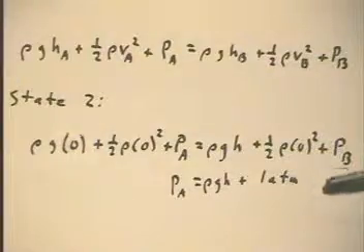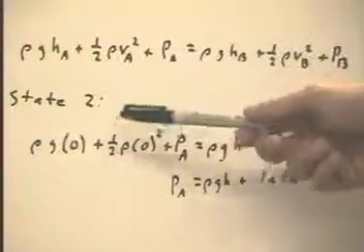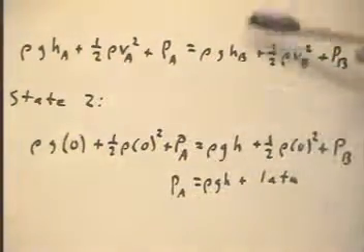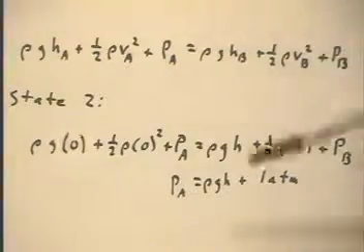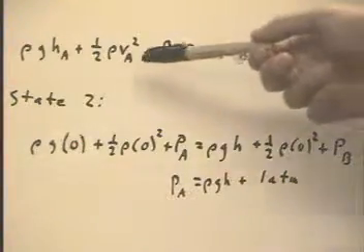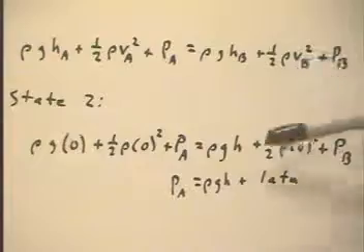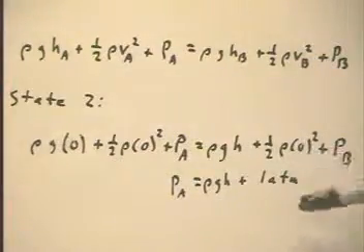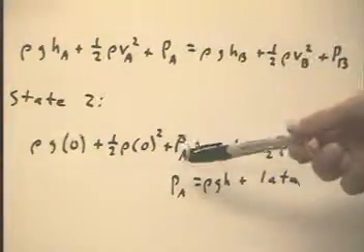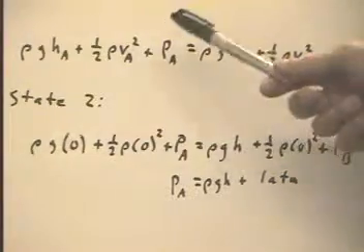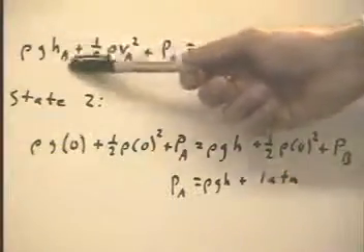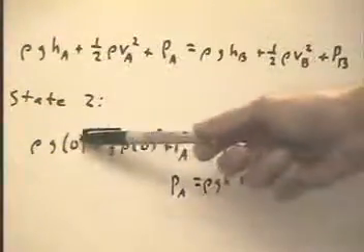Okay. In State 2, again, A is the point at the surface of the water in the bottle, and B is the point at the maximum height. The velocities are all zero, so we have zeros here. The altitude of the water in the bottle we're going to take to be zero.